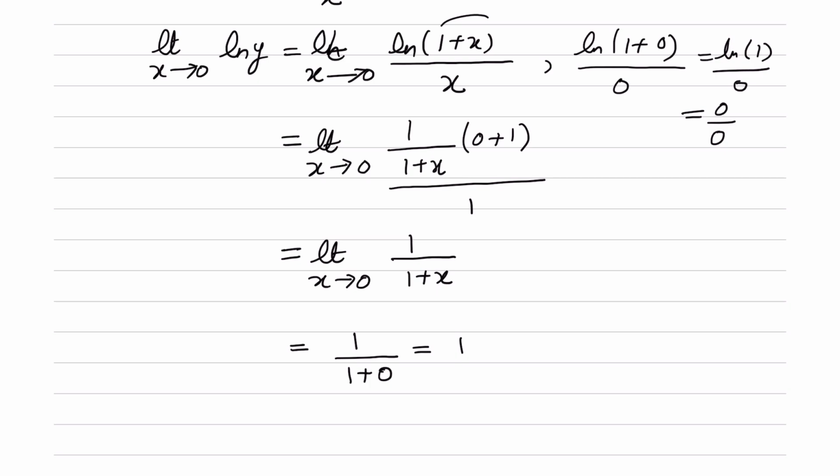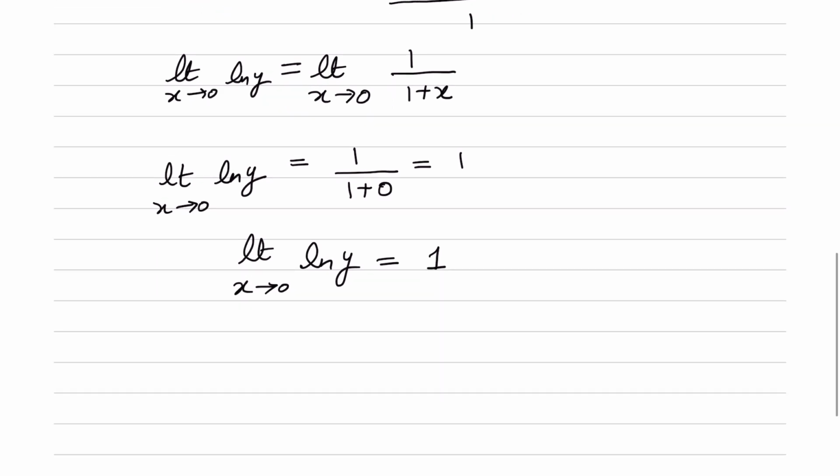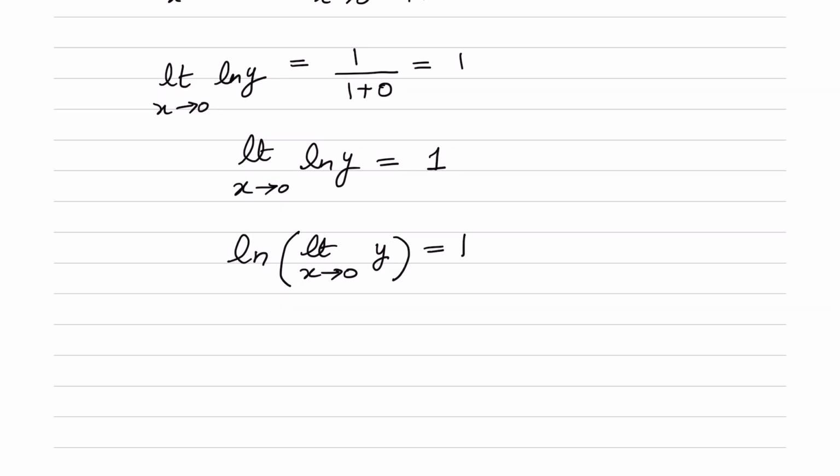Now let's look at the left hand side. So we have limit x approaches 0 of ln y equal to 1. Now we can apply the limit inside and take ln out. So we have ln of limit x approaches 0 of y. We know that ln could also be written as log with base e, so we have log base e of limit x approaches 0 of y equal to 1.